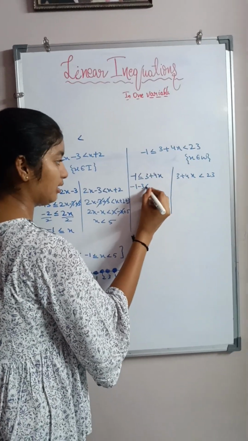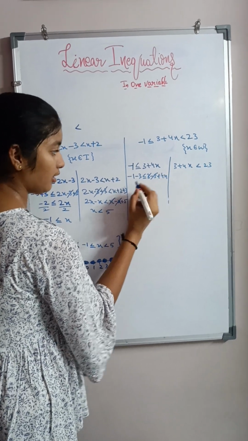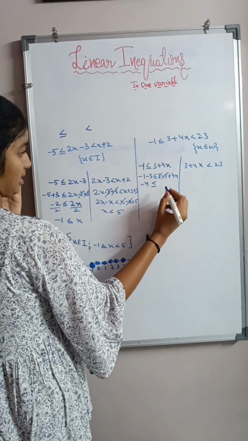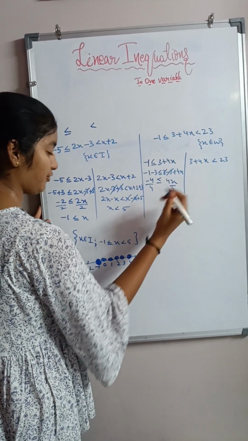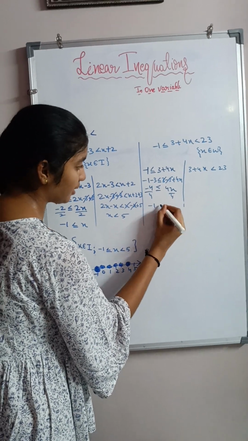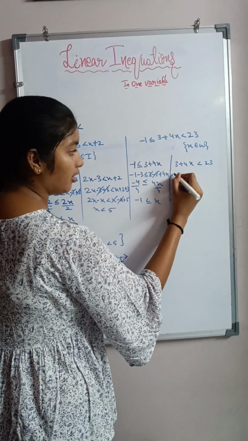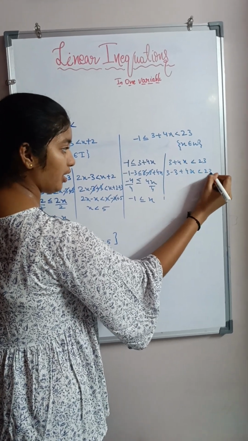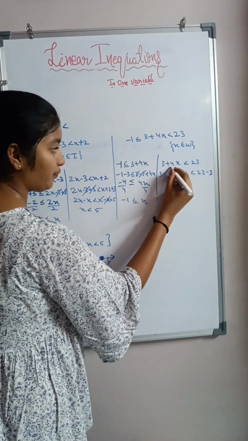Minus 1 minus 3, minus 3 minus 3, 4x. So what will be the answer? Minus 4 is less than or equal to 4x. We should divide it by 4 to eliminate 4. So minus 1 is less than or equal to x. And the next sum we need to solve: 3 minus 3 plus 4x, and 23 minus 3.